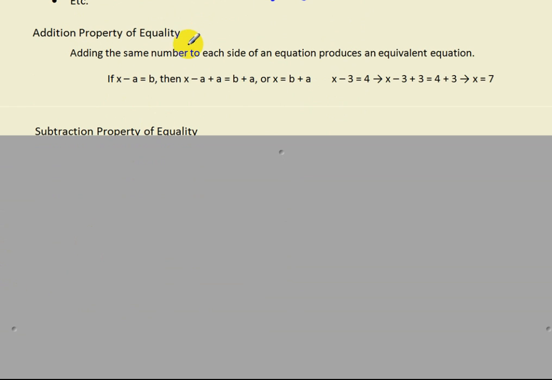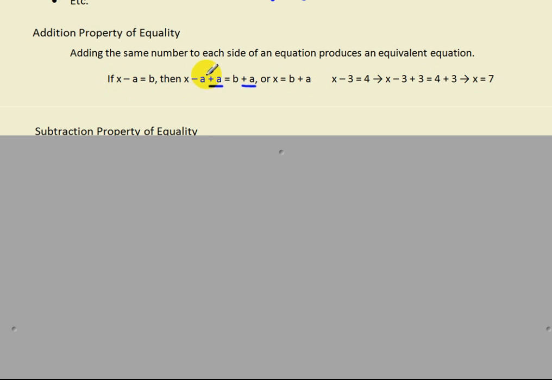We also have a number of properties that we want to look at. So addition property of equality says that we can add the same number to each side of an equation and produce an equivalent equation. So algebraically, if x minus a equals b, then x minus a plus a equals b plus a. In other words, add a to each side and we still have an equivalent equation.